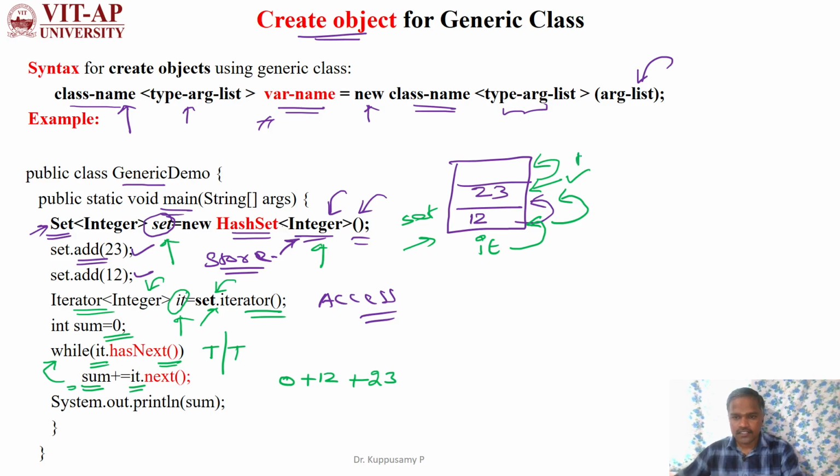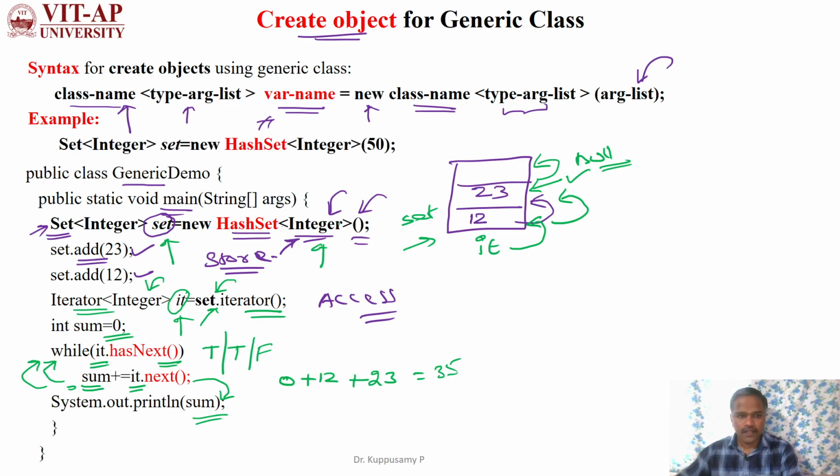Now this has a null element. Then again after completing the statement, moving to the condition checking. Does it have a next element? No, it is not having any element, so it returns false. It will come out of the while loop. The next statement outside the while loop displays the value. So here it is displaying the value 35.